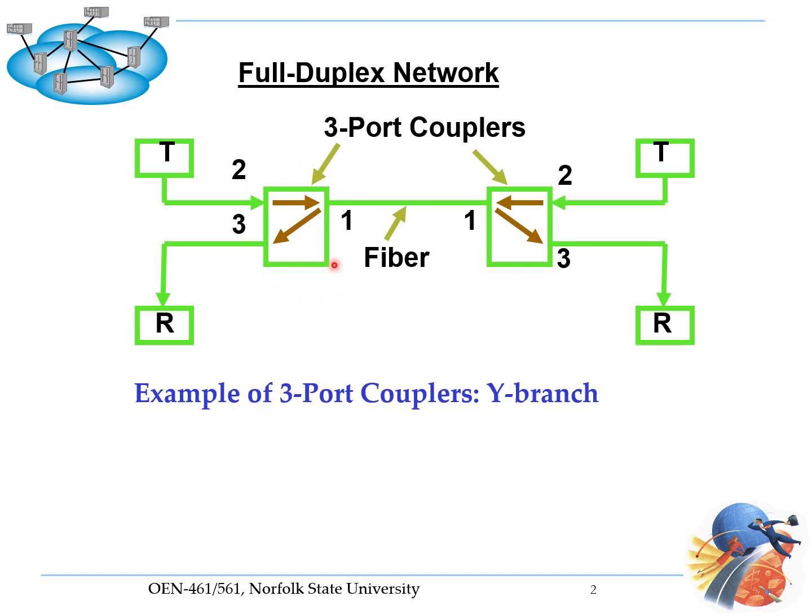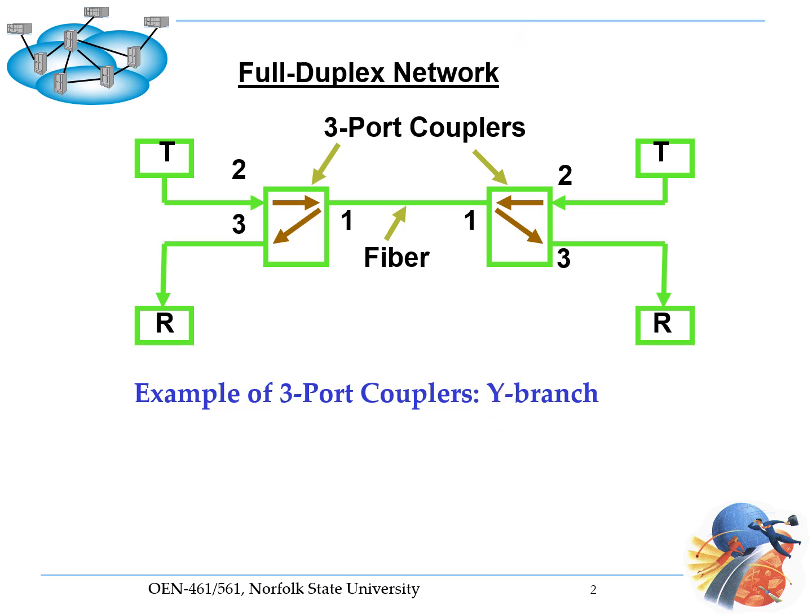And what is shown here is a schematic view. Those 3-port couplers are often called Y branches. Y meaning that you see there are legs, so it describes a 3-port coupler nicely, so normally it's called a Y branch.